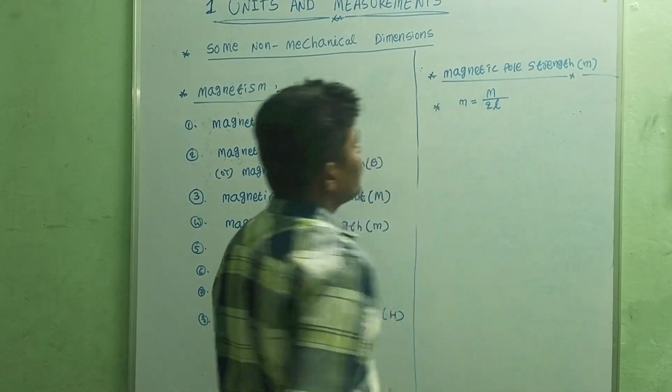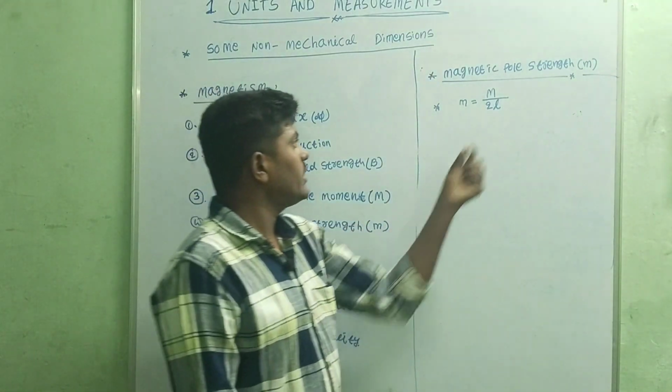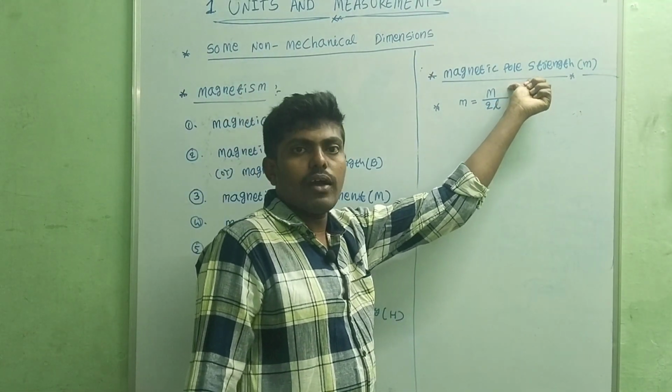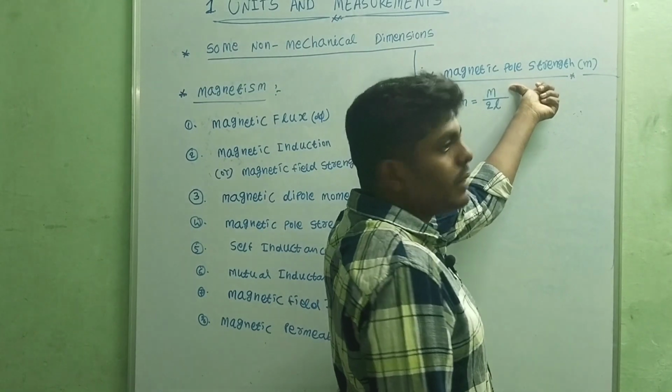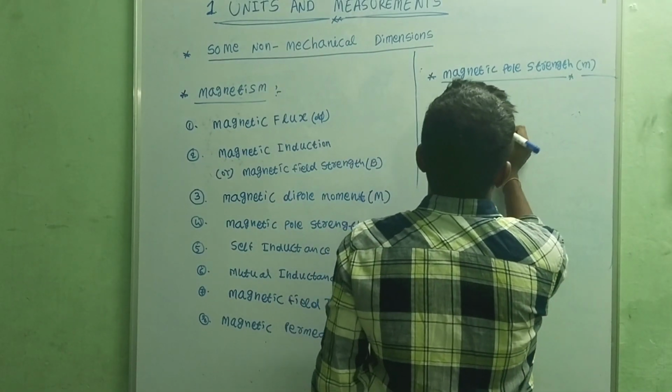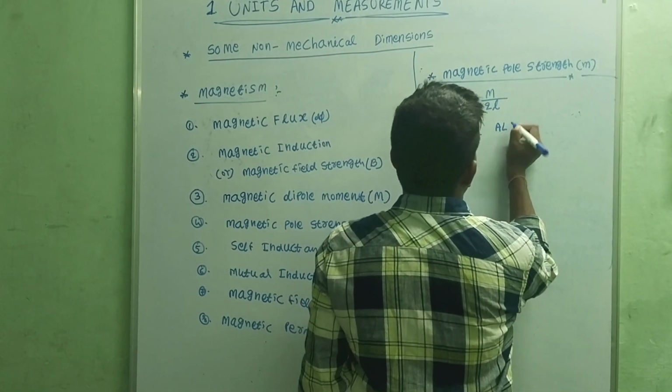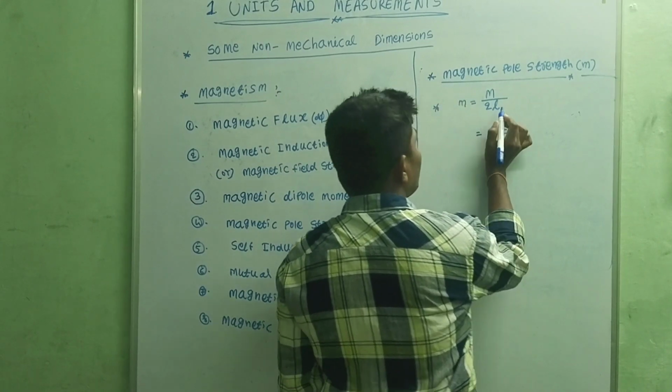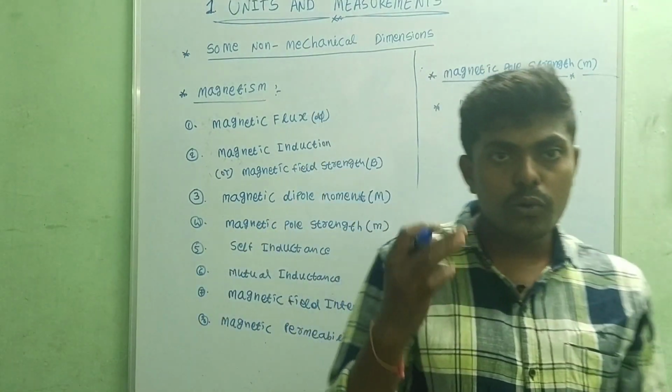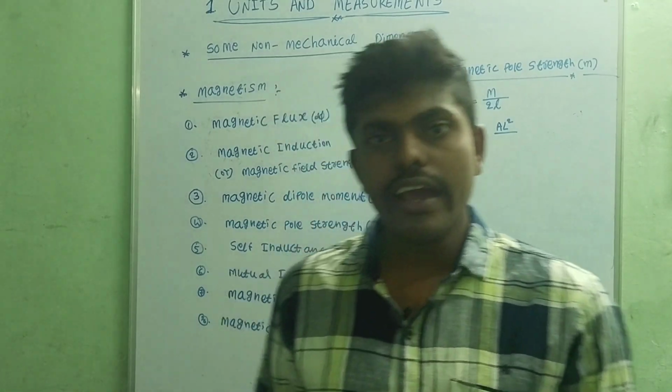2L. So already we know about the dimensions of the magnetic dipole moment is AL2. So already we know about the rules of the writing of a dimensions.